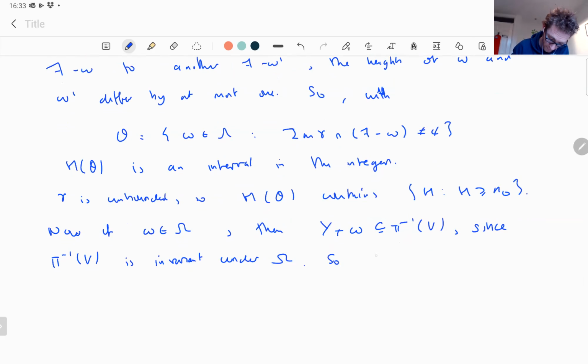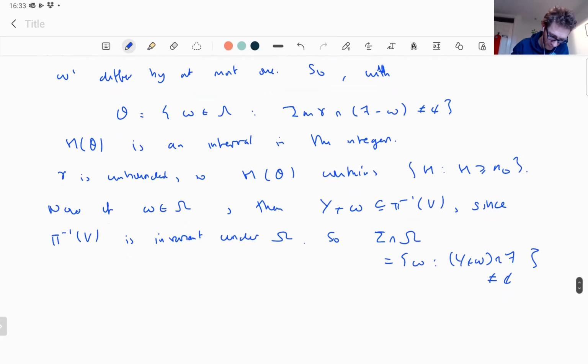So sigma intersect omega is really just omega such that y plus omega intersect f is not empty, because the other condition is automatic for lattice points. And so theta is contained in it.